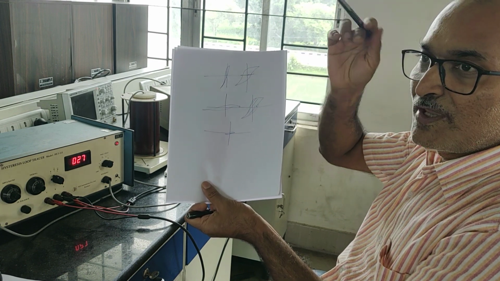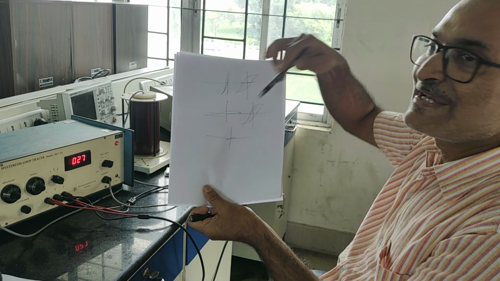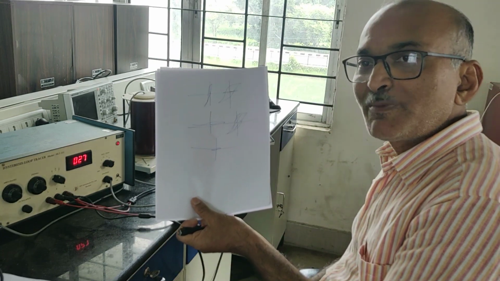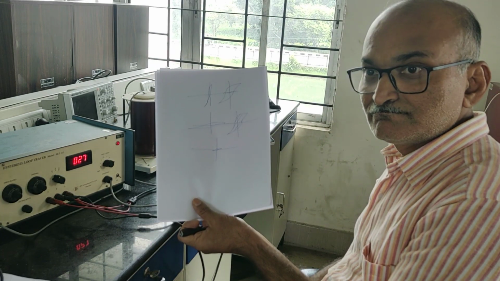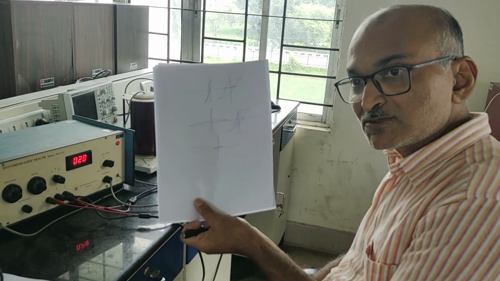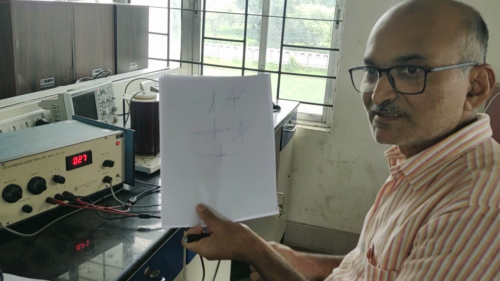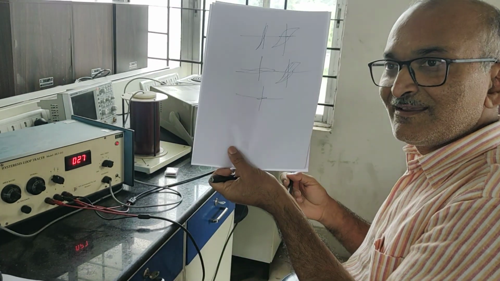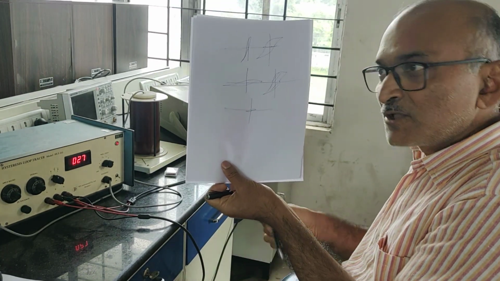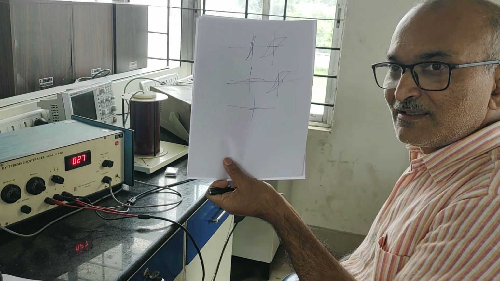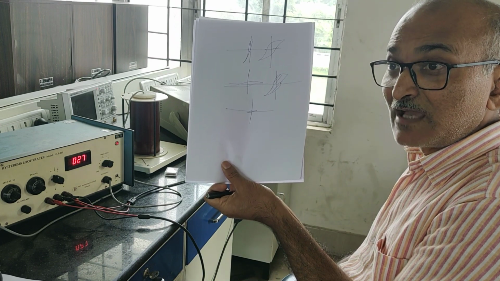In the practical way, if you look at this area, it tells me how much is the loss. The higher this area, the higher is the loss. The reverse logic of this: the lesser this area, the lesser is the loss. The lesser the loss, the higher is the application as a switch.